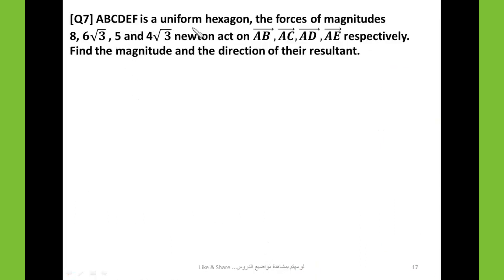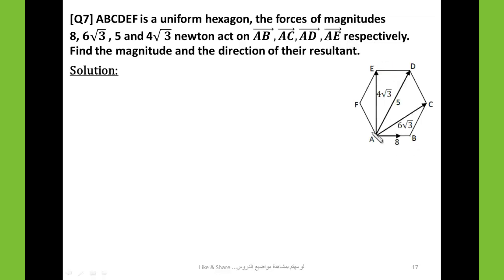ABCDEF is a uniform hexagon. Forces of magnitudes 8, 6 root 3, 5, and 4 root 3 Newton act in the directions of the rays AB, AC, AD, and AE respectively. This is the hexagon ABCDEF.